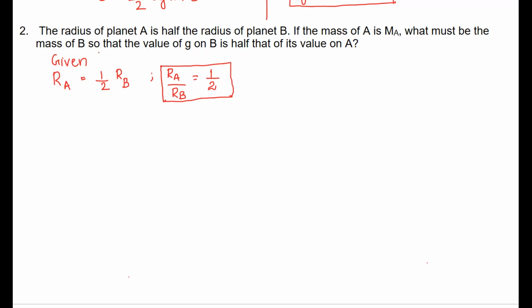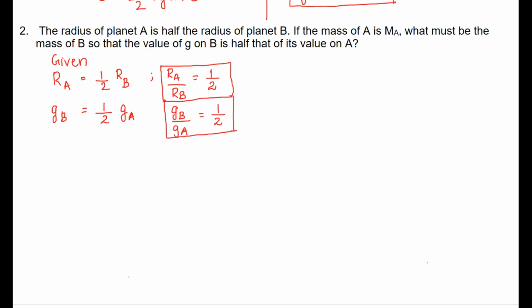That means we want to find out mass of planet B. Value of g on B is half of its value on A. That is GB is equal to half of GA. This also on cross multiplying, we will get GB upon GA is equal to 1/2.